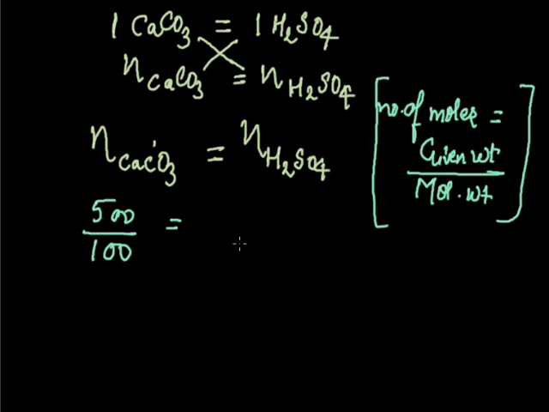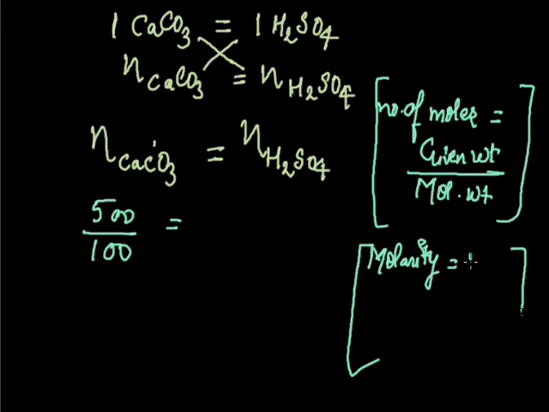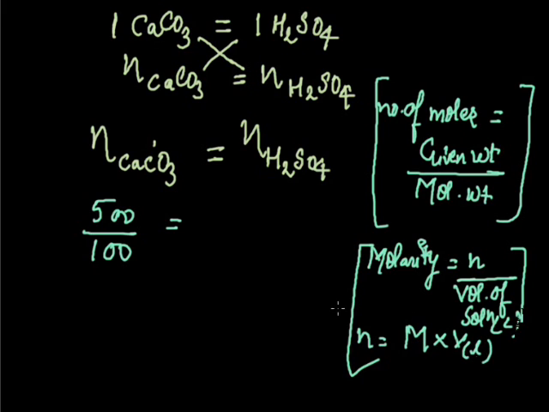Now, as we have to calculate the molarity of H2SO4, in this case we'll calculate the number of moles by using the formula of molarity. That means molarity is equal to number of moles of solute by volume of solution in liters. Number of moles is equal to molarity multiplied by volume in liters.